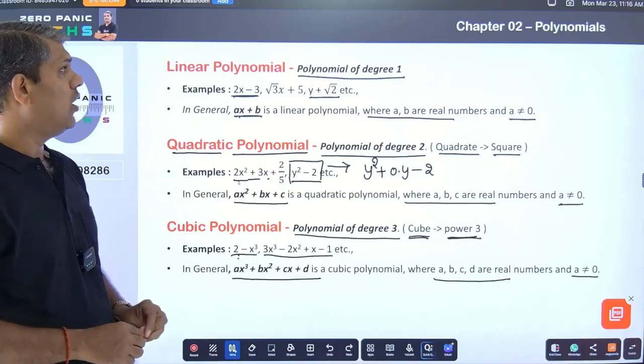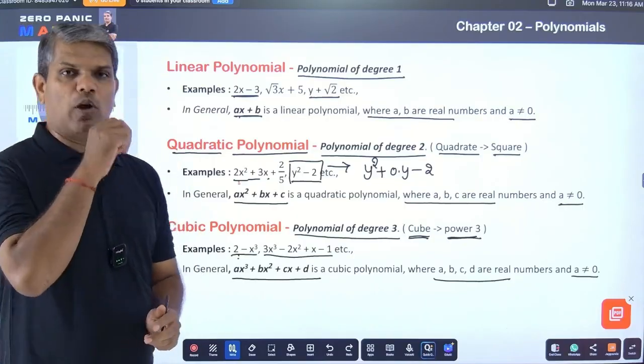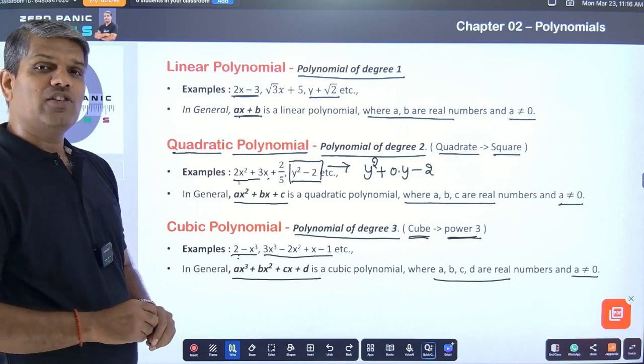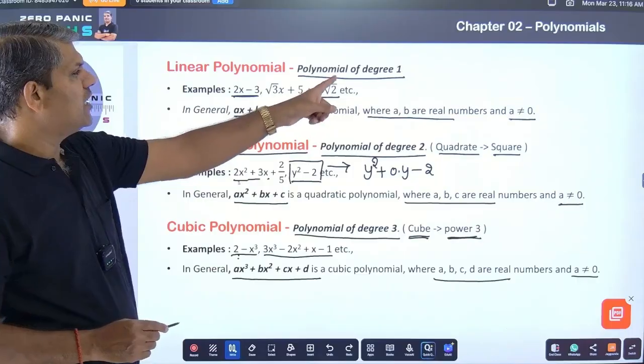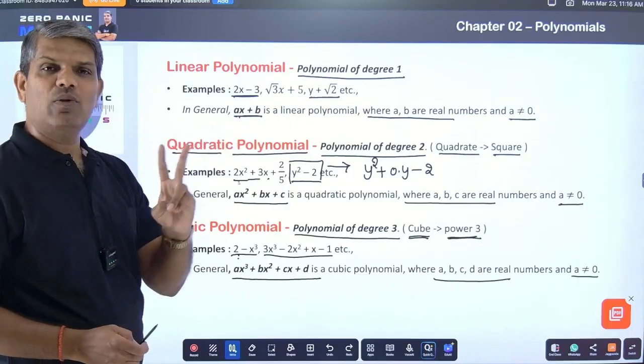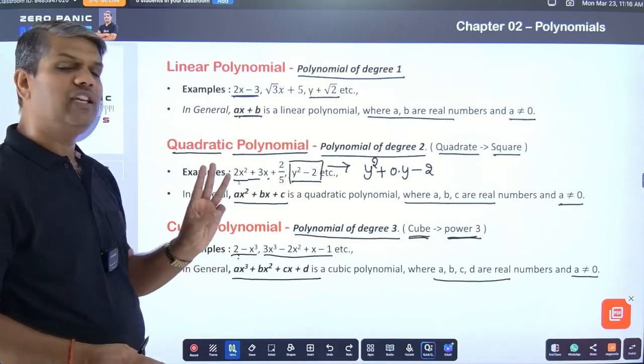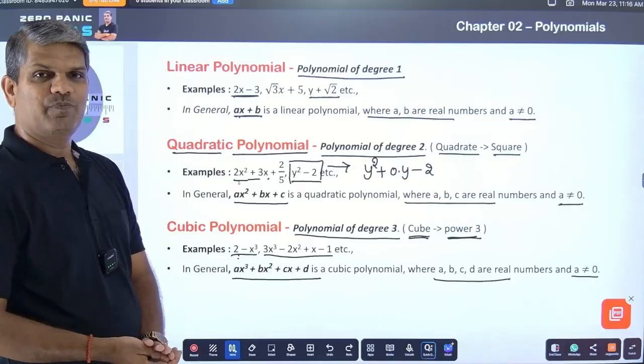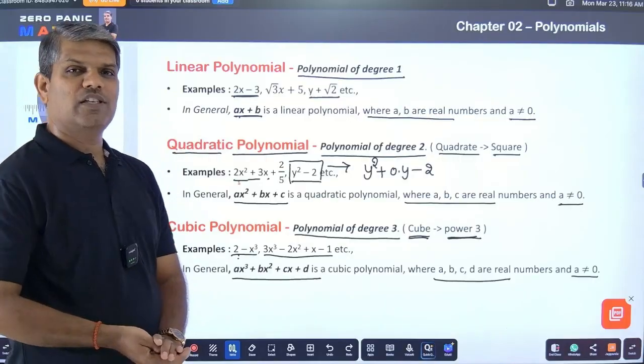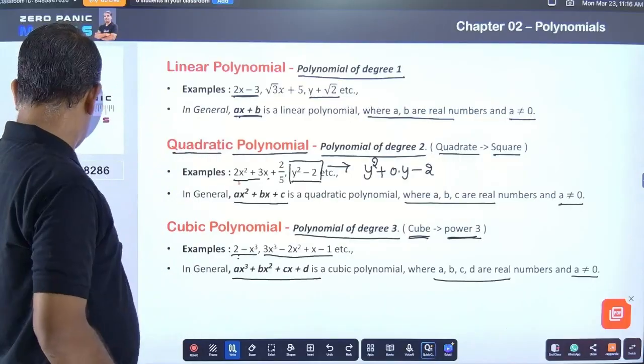So this is all about the different kinds of polynomials, and the definition of the different kinds of polynomials is based on the degree. Degree 1, linear polynomial. Degree 2, quadratic polynomial. Degree 3 is cubic polynomial. Okay, hope you understood this concept. Okay, let us move to the next.